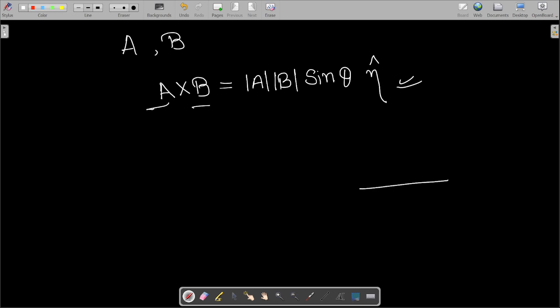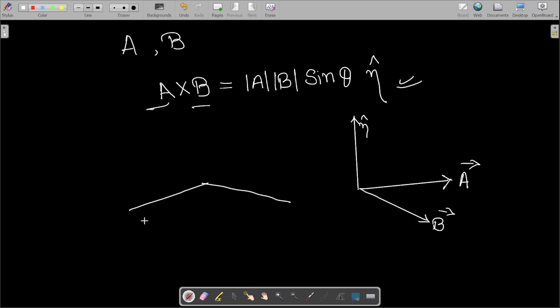How? Let's see. Suppose this is a vector a and this is a vector b. So eta cap will be a unit vector perpendicular to both of these vectors. This is nothing but eta cap. It is generally used to show the direction of a plane. Suppose this is a plane, let me draw it.